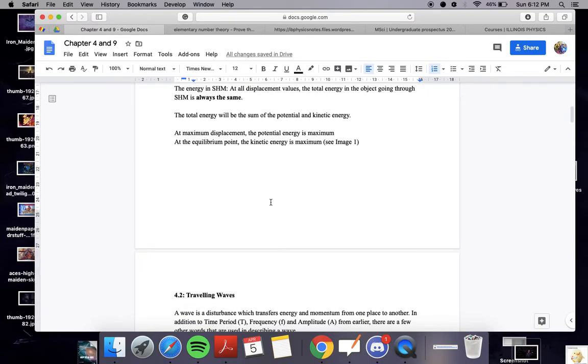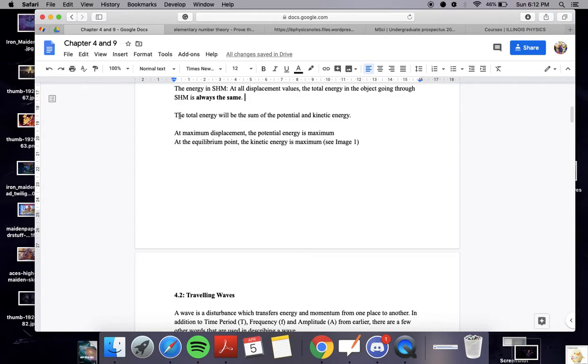And now, energy in simple harmonic motion. At all displacement values, like at any point during a simple harmonic motion, the total energy in the object that's going through simple harmonic motion will always be the same. You need to keep that in mind, it's really important.